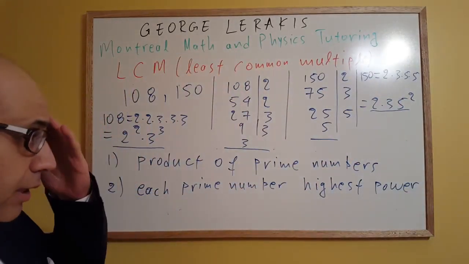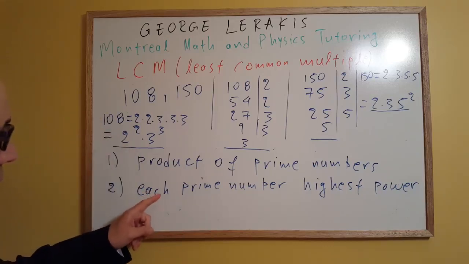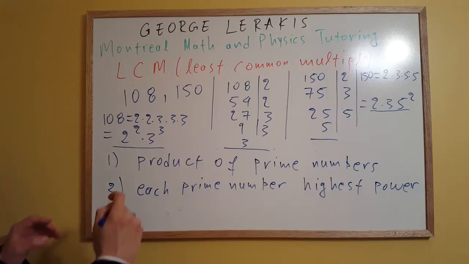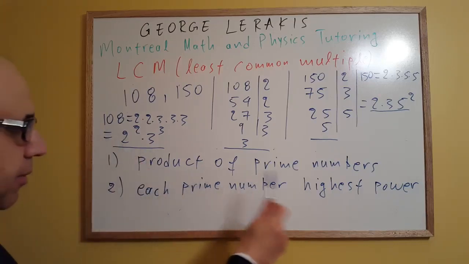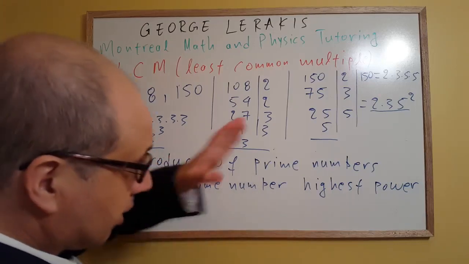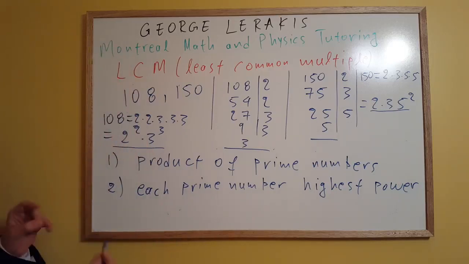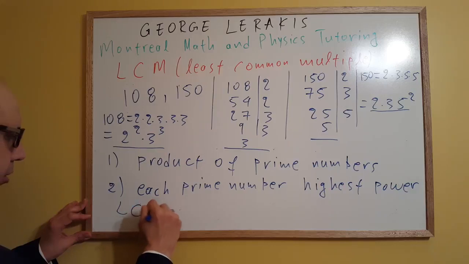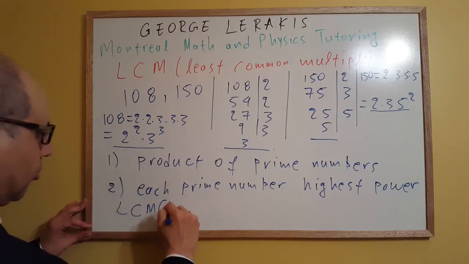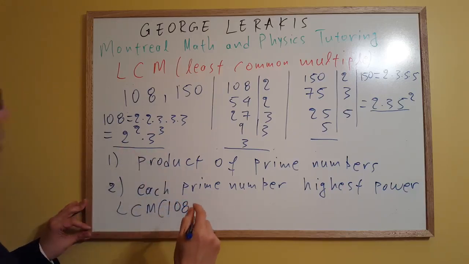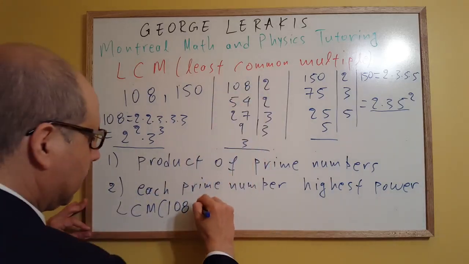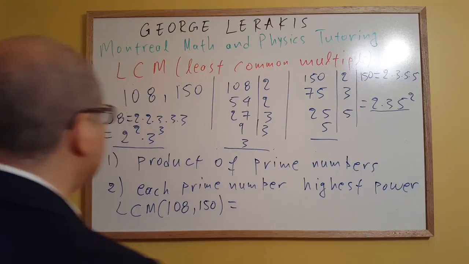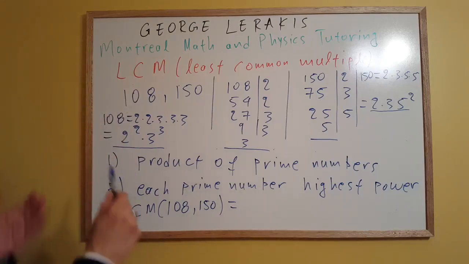So now I have to come to the second step, which is to take each prime number that exists in both these numbers in the highest power. We can write now the least common multiple of 108 and 150, and you can start with any of the numbers.